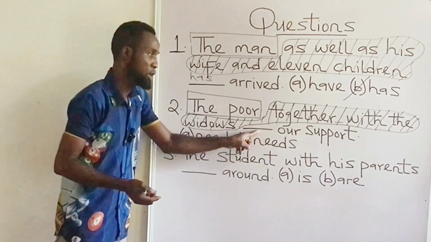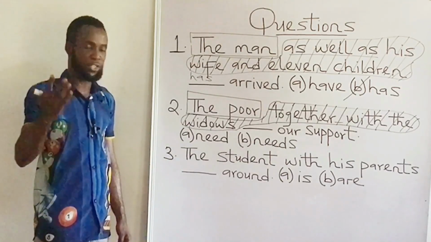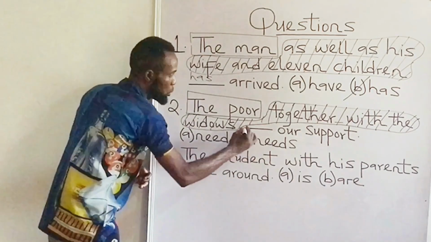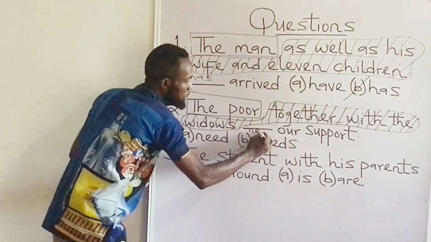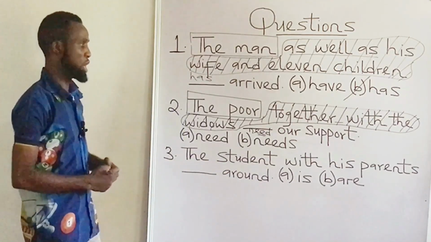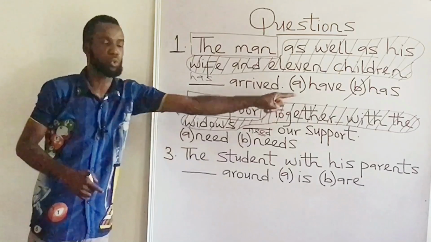So the verb here should also be plural. And a plural verb does not end with s, es, or ies. So between need and needs, we are going to put need here, a plural verb, so that we have the poor together with the widows need our support.